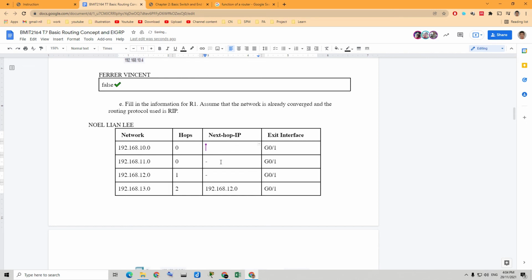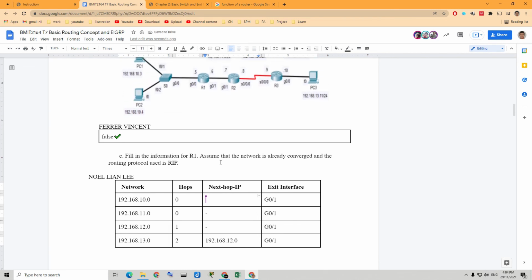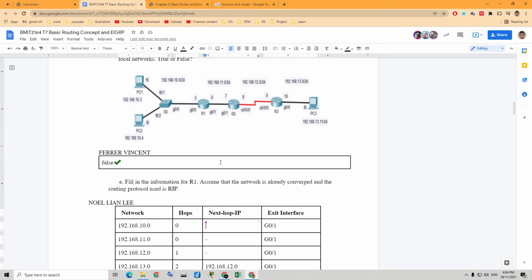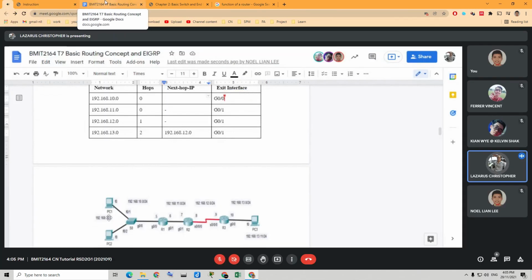The exit interface for R1 to go to network 192.168.10.0: the interface attached to this network is G0/0. The next hop IP is directly connected.